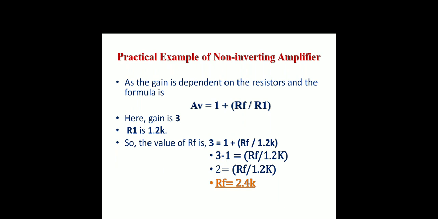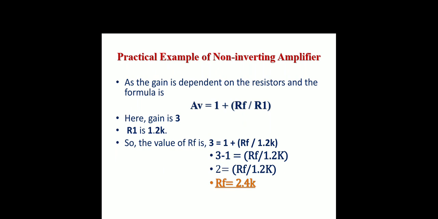Now, as we know, the gain is dependent on resistors and the formula is AV is equal to 1 plus RF upon R1. Here, what are the given parameters? Gain is equal to 3 and R1 is equal to 1.2 kilo ohm.